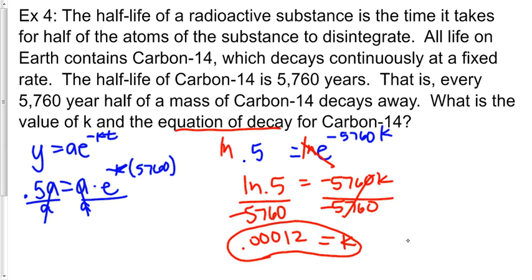Here it is. You want to say y equals A times e to the negative 0.00012t. Now what I can do with this formula is plug in any initial amount of carbon-14 and maybe the number of years, and then figure out what I'm going to have left.